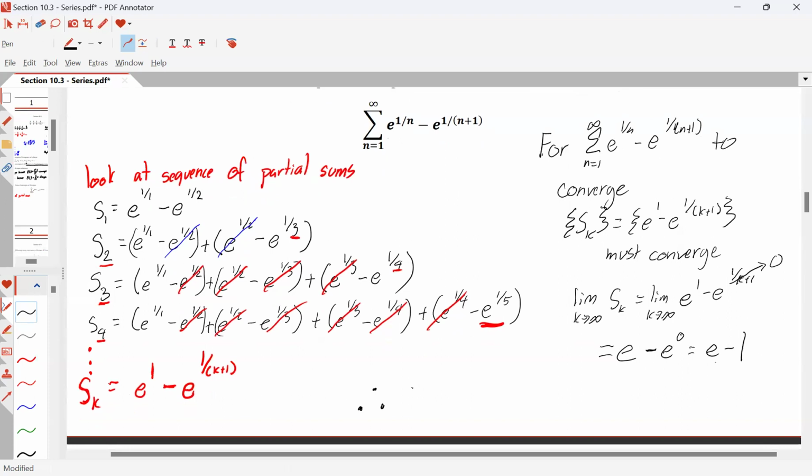Therefore, the series n equals 1 to infinity, e to the 1 over n minus e to the 1 over n plus 1 converges by definition of series convergence.